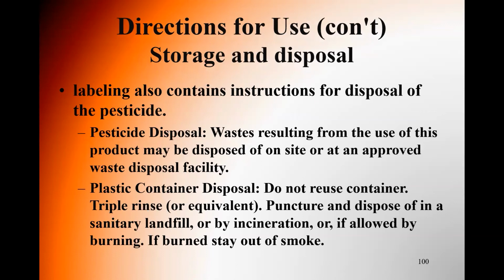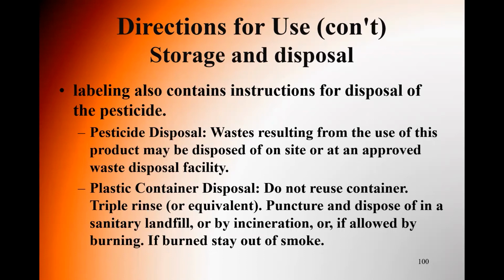Labeling also contains instructions for disposal of pesticides. Pesticide wastes resulting from the use of this product may be disposed of on-site or at an approved waste disposal facility. The best way for you to dispose of a pesticide is to use it up per label on an approved site against an approved target pest.